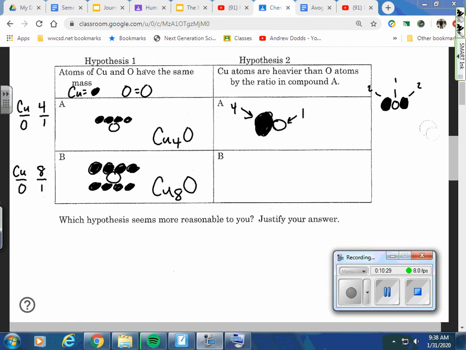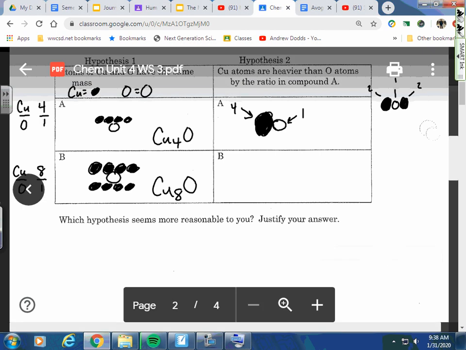Okay, so we had a student that had 2 bigger circles, made them each worth 2, and then 1 oxygen that was 1. So let's see how that works out. Can we do that? All right. Now, in the next one, we say it's an 8-to-1 ratio. So to compensate, by the way, that is Cu, there's 1, and O, there's 1. This over here would be Cu2O. All right.